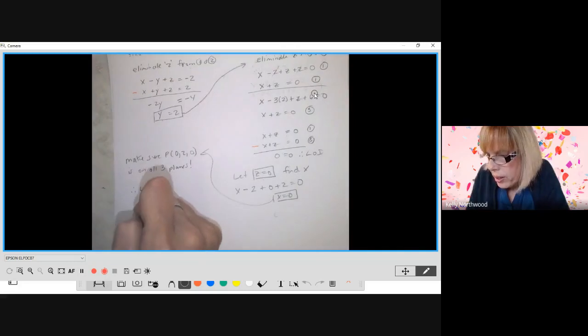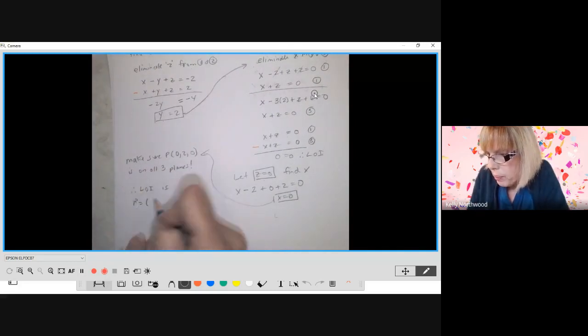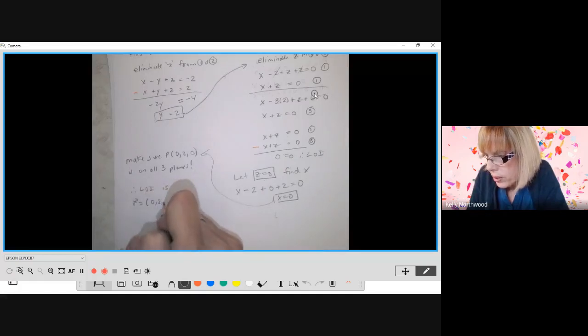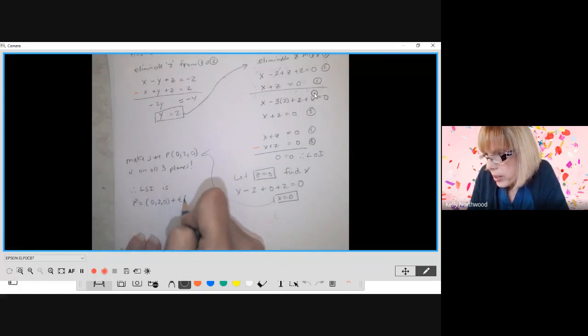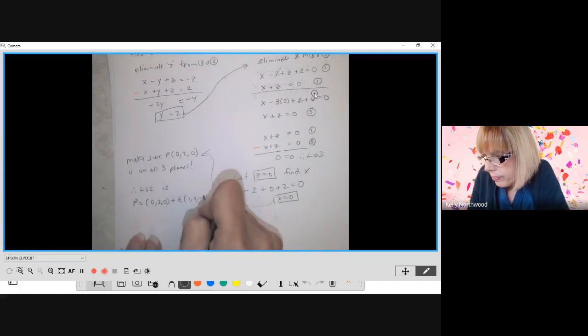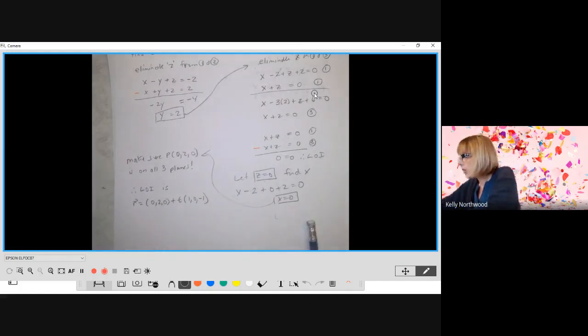So therefore the line of intersection is r equals our point we found plus parameter times our direction vector. And we'll get our picture.